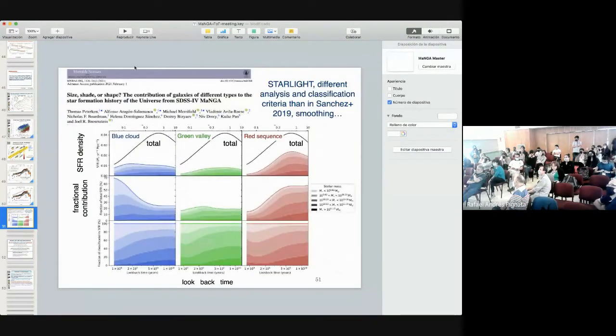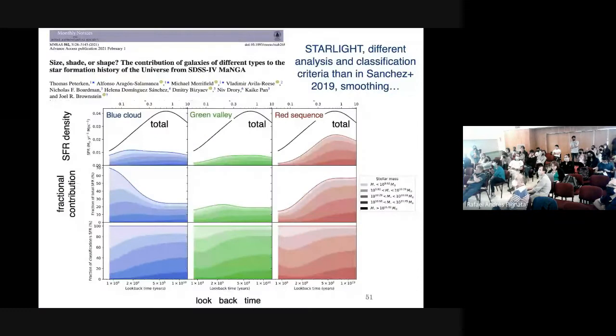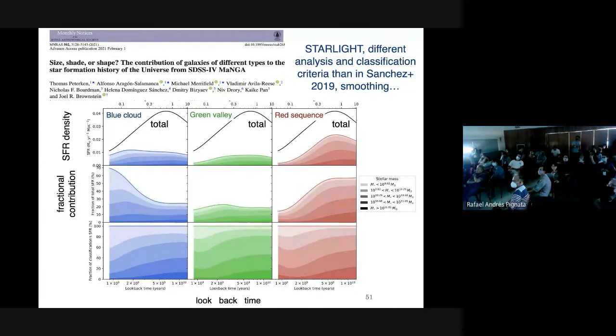If you want to see, I didn't have time to show, but this is very interesting also. This is with another code, STARLIGHT, with Thomas Peterken. We show here the cosmic star formation history, the total is the solid lines, but here divided by blue, Green Valley, and red sequence. You can see that the red galaxies today are those that contributed most in the past to the cosmic star formation history.